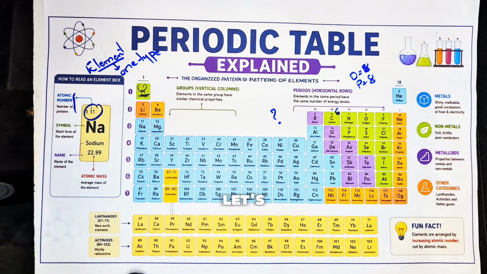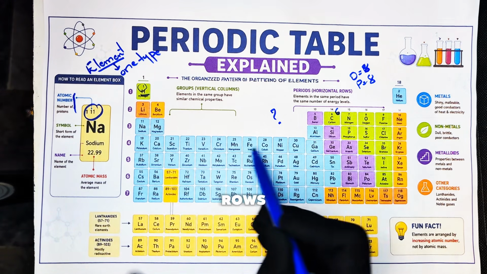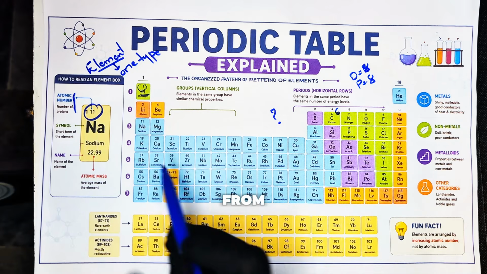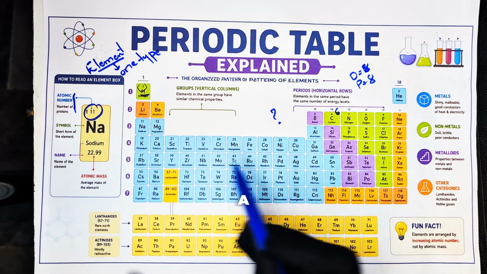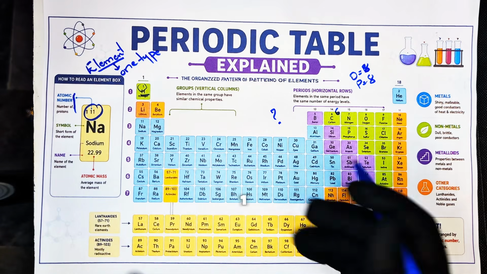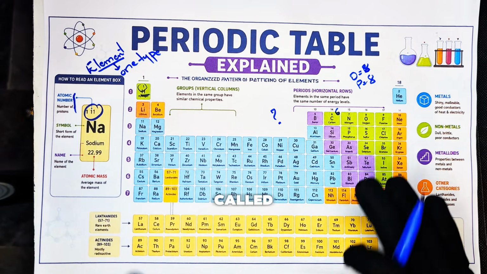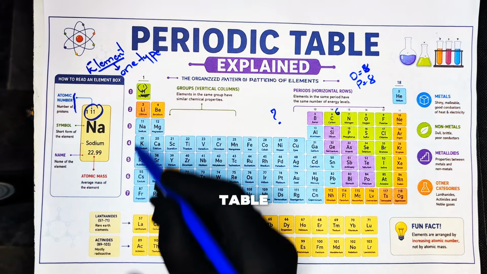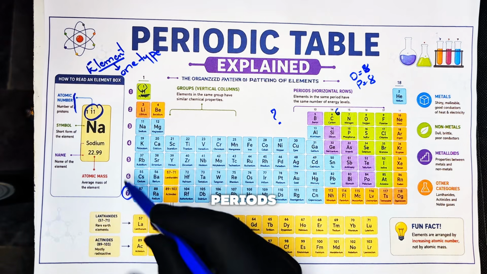So now let's look at the horizontal rows like this. As we move from left to right across a period, the atomic number generally increases by 1. These horizontal rows are called periods, and the periodic table has a total of 7 periods.